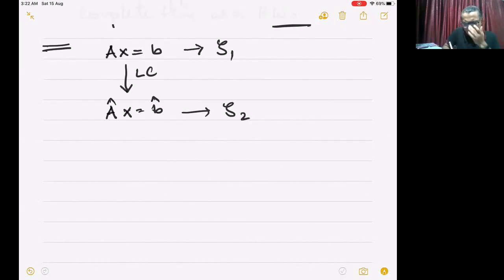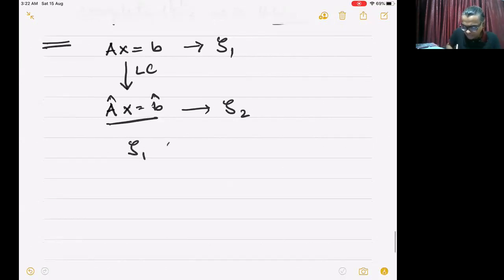Then by the fact that these equations have been obtained from this one, that proves that S1 will be contained in S2. But it may so happen that S2 is strictly bigger, right? S2 may have a lot more solutions, a lot of extra vectors in it, which are not in S1, right?